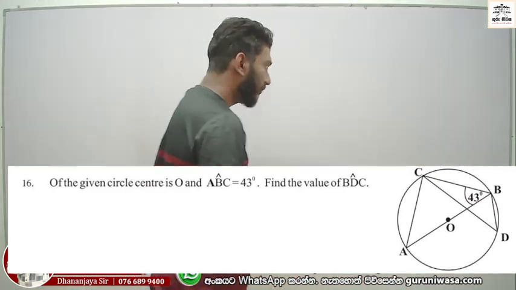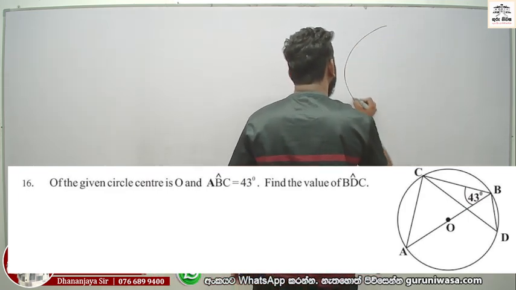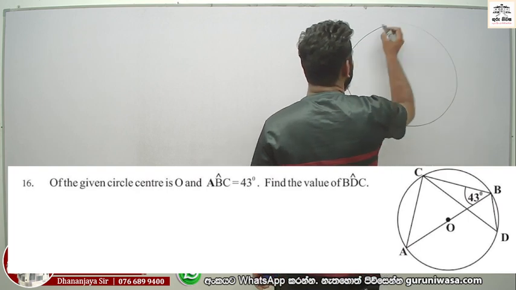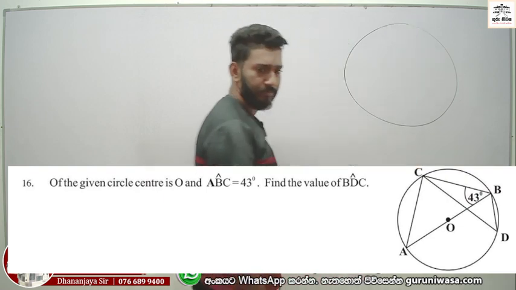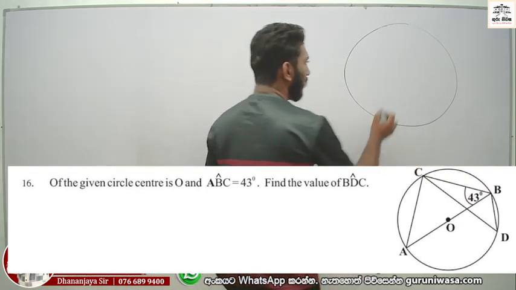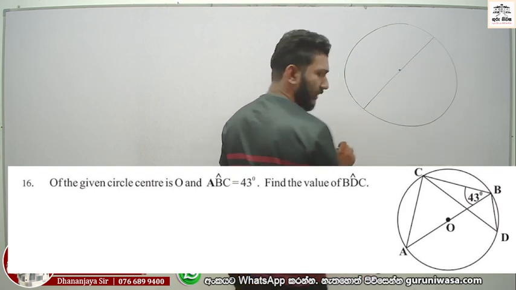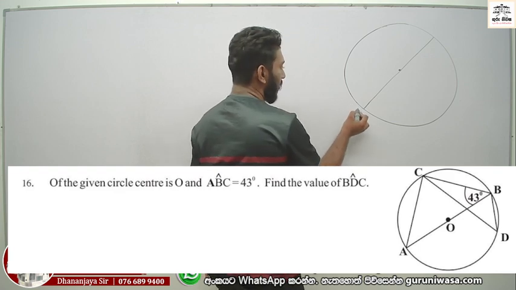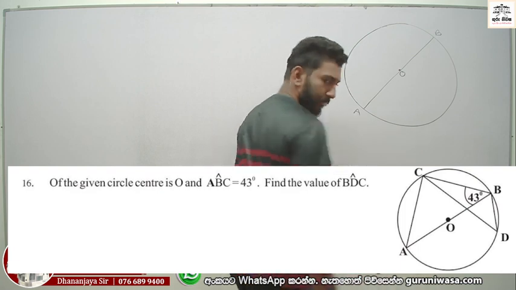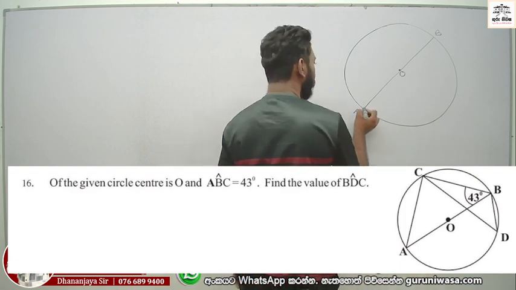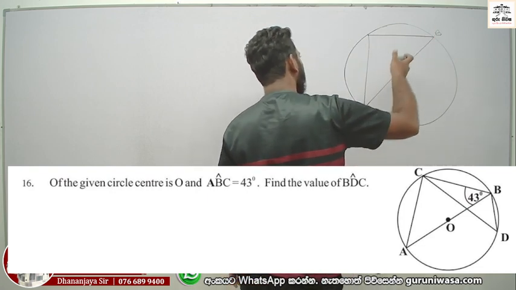Now look at this. This is a circle. The angles in a circle, grade 10, and this is the center O, and you know this is a diameter. This is a diameter.